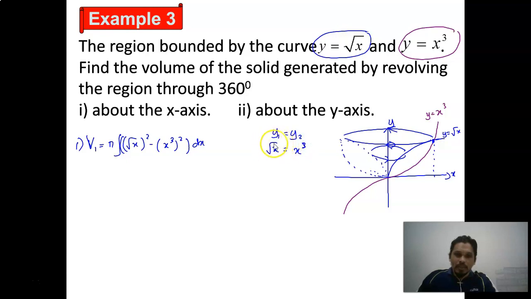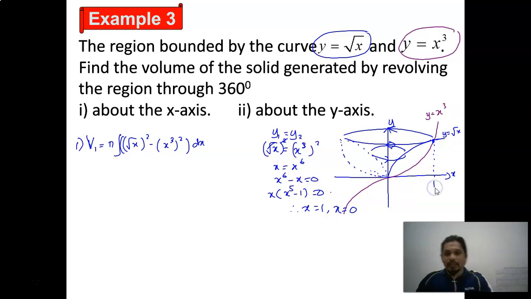To eliminate the square root sign, square left and right. So x equals x to the power of 6, then x^6 minus x equals 0. Then x times (x to the power of 5 minus 1) equals 0. Then x equals 1 and x equals 0.